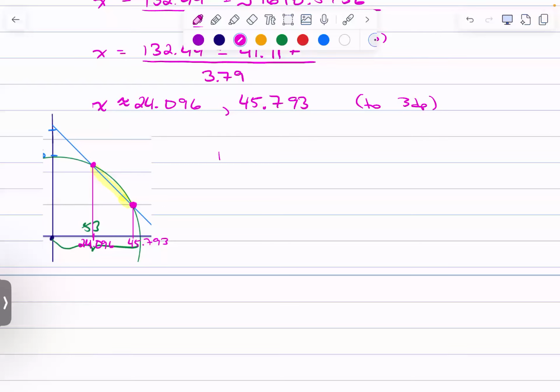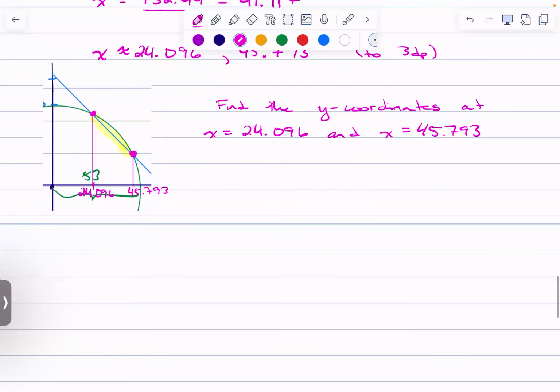So now find the y coordinates at x equals 24.096 and x equals 45.793, using either the line or the circle.